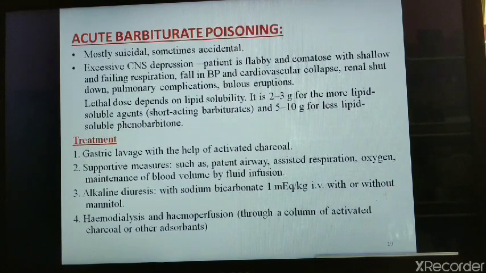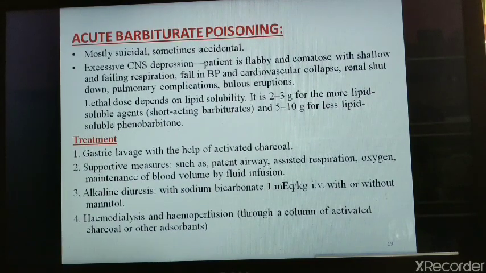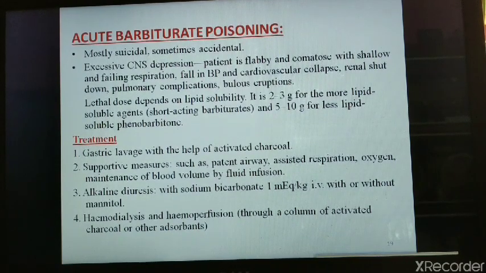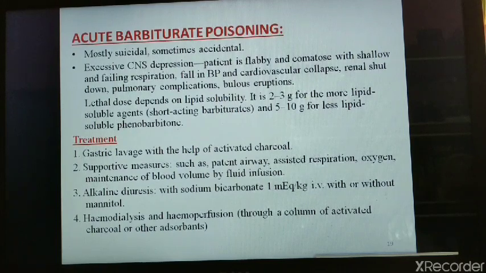The treatment for acute barbiturate poisoning involves gastric lavage, that is, giving a suspension of activated charcoal in the stomach to prevent absorption of the drug from the intestines. This may be followed by supportive measures such as patent airways, assisted respiration, oxygen, maintenance of blood volume by infusion, and the use of vasopressors.